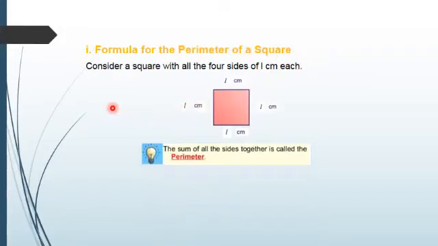We know that the sum of all the sides together is called the perimeter. So, the perimeter of this square will be L plus L plus L plus L, that is the sum of all the 4 sides, and that will be equal to 4L. Therefore, the formula for the perimeter of the square is 4L.